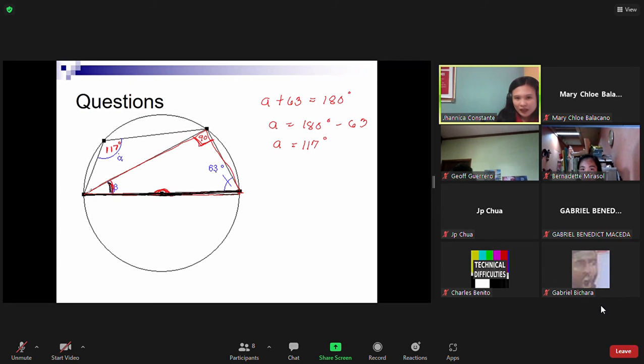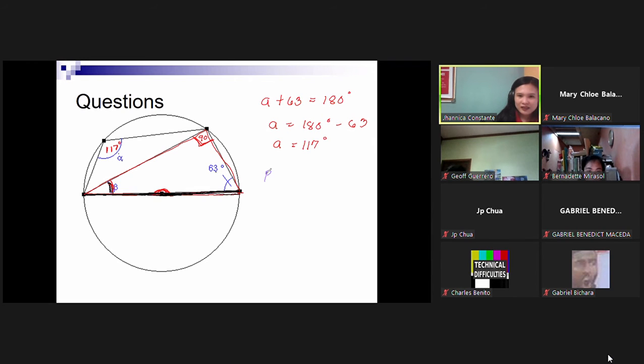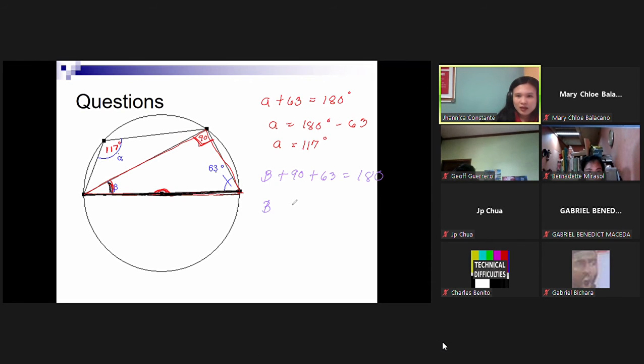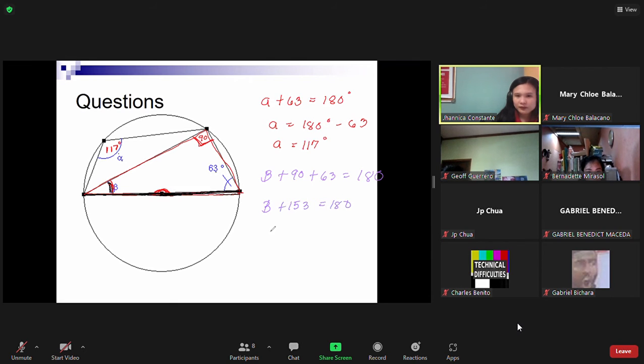If we already have 90 degrees and 63 degrees, we know that the angles of a triangle add up to 180. So we can solve now for angle B. Once we add all these angles, it will be equal to 180 degrees. So angle B, 90 plus 63 is equal to 153, equals 180. So angle B is 180 minus 153.